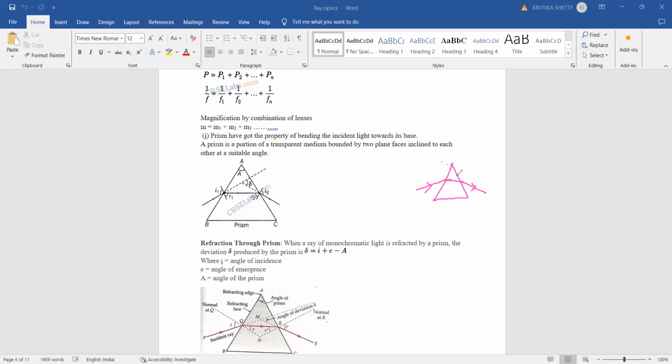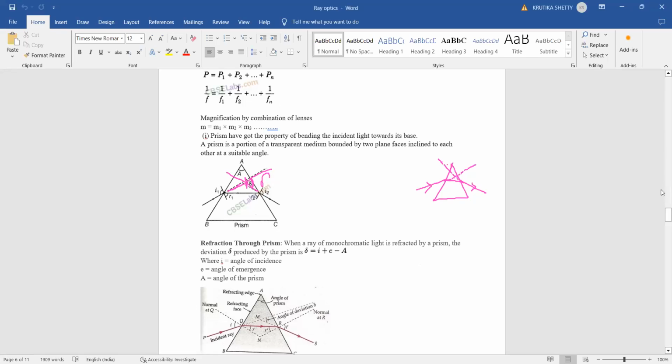Suppose I extend my incident ray in the forward direction and extend the emergent ray in the backward direction. Whatever angle is formed here, look at this angle. This is the extended incident ray, this is the extended emergent ray. The angle formed here is called the angle of deviation. Okay.